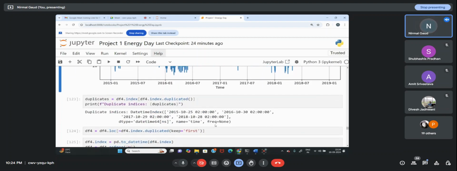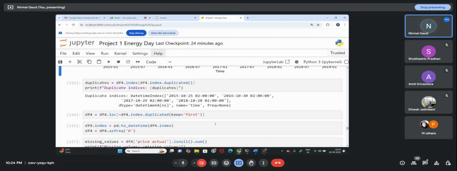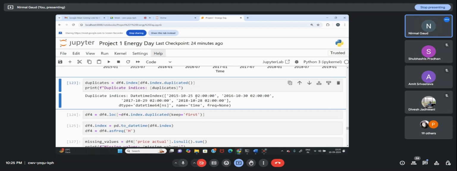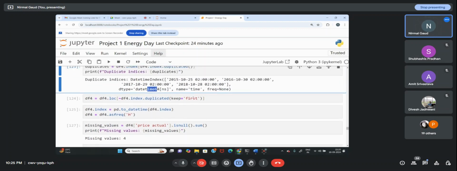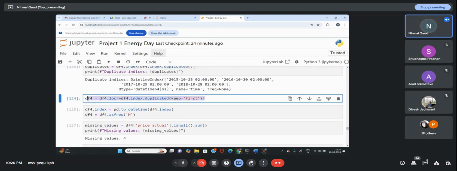Then I checked whether there are any duplicate values in the index. It may happen that the time got repeated, faulty entries can occur. I checked for duplicates in the index and found that there are some duplicated values in the time. So I removed the duplicates from the index.